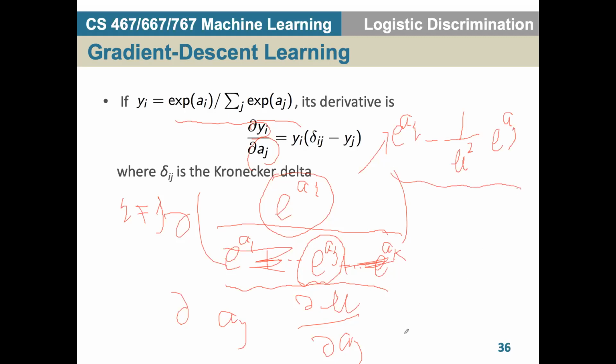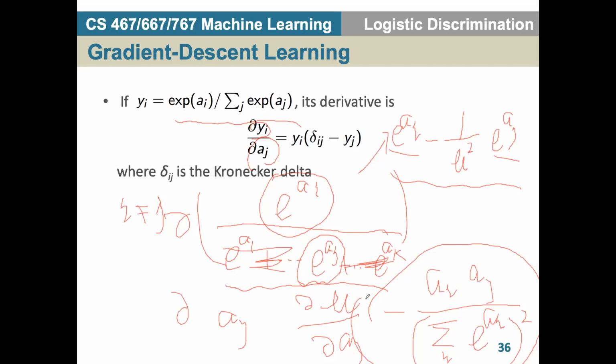If you look at this term, it's negative one over u squared, and u squared is this summation squared, the summation over i of e to the ai, squared. The term is e ai times e aj. Because I'm running out of space, let's keep this conclusion and come back.